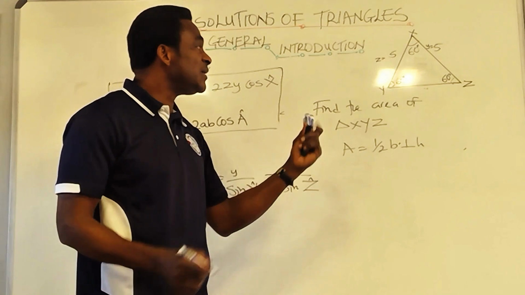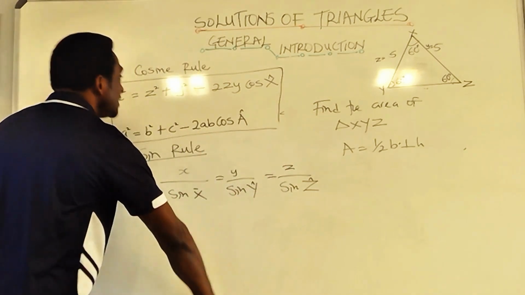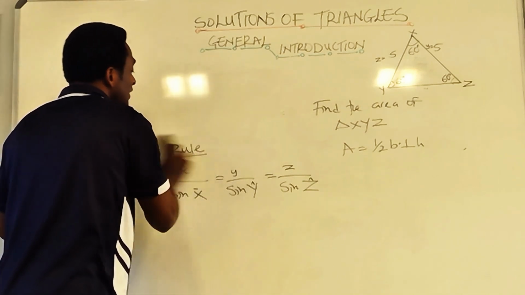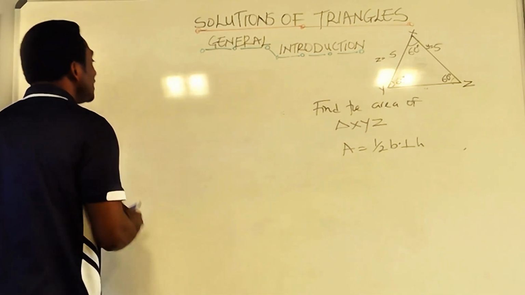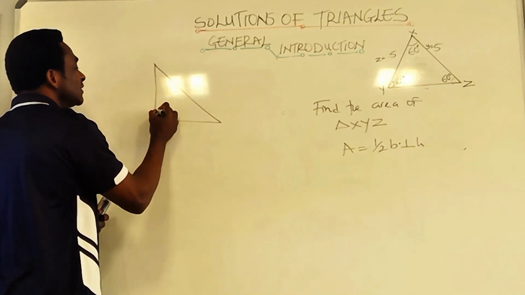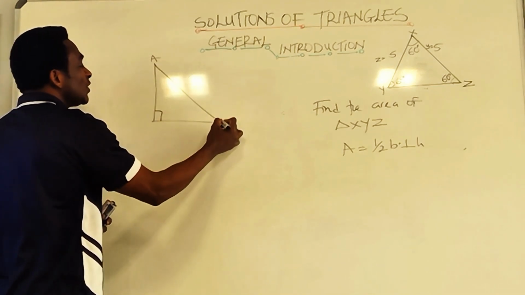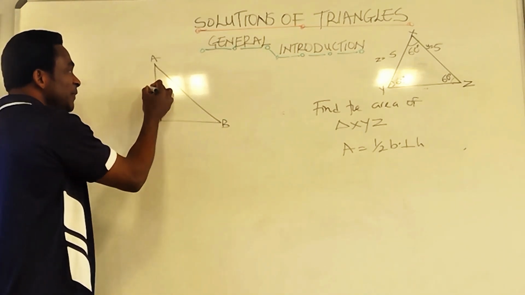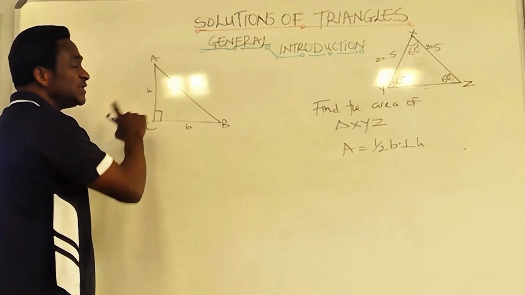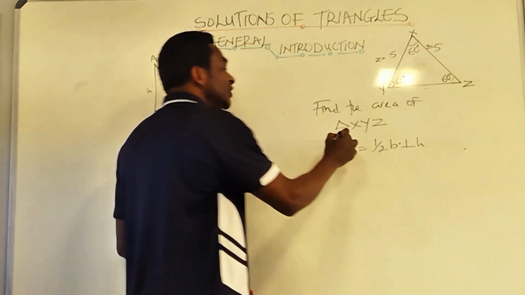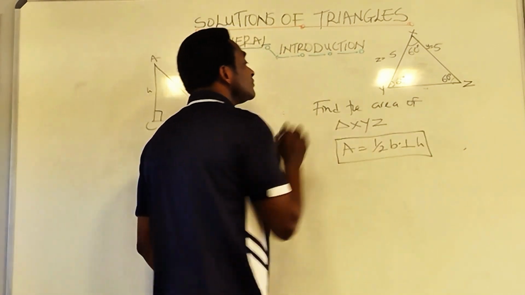Now, there must be a base and there must be a perpendicular height for this formula to work. The height must be perpendicular to this. So, let's go back to our original triangle. If we have this as the base, it must be perpendicular to the height for us to be able to calculate the area of the triangle using this.